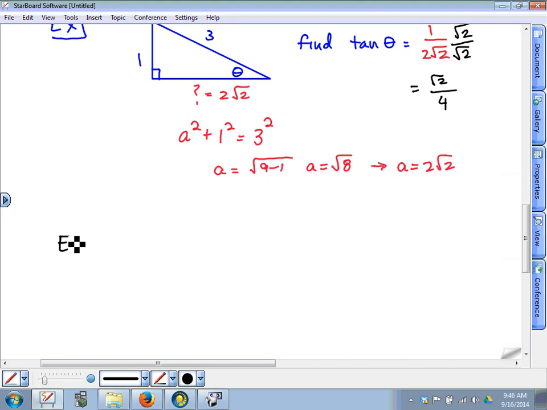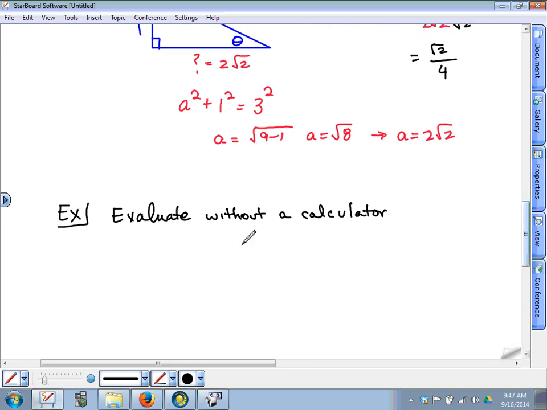Let's get into this. Evaluate without a calculator.